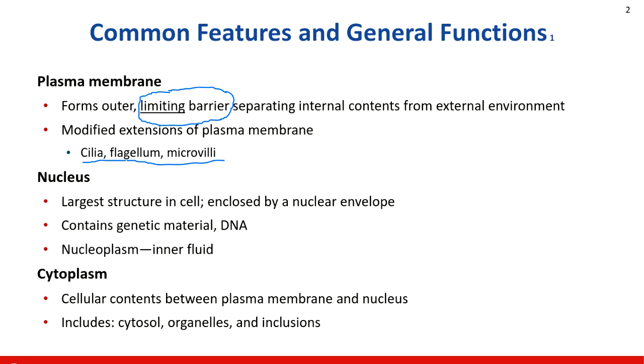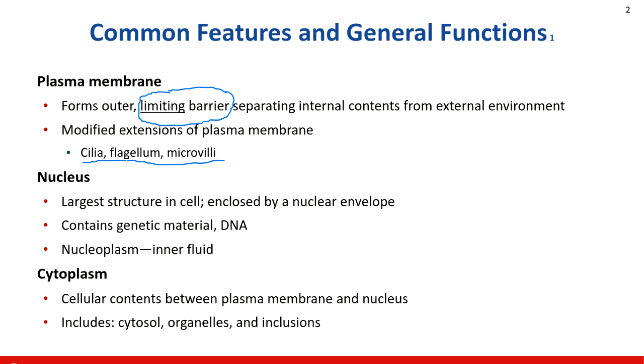Then finally, we have our microvilli, or as we've seen when we were studying the tissues, the brush border. The microvilli are essentially needed for increased surface area, so we can maximize the amount of absorption that occurs.